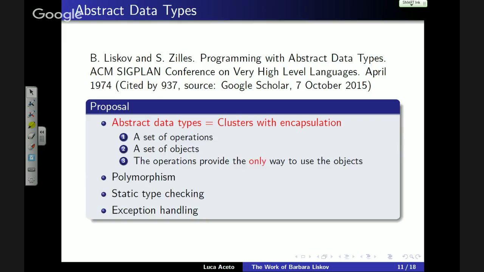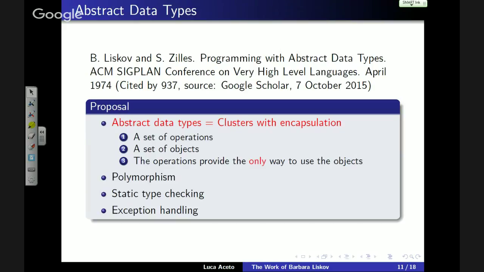They also hoped, because they didn't know whether they could actually achieve it, for static type checking. One of the things that Liskov did, remember, she wrote her PhD thesis on a program to play endgames in chess. And she wrote it in Lisp, which does not have static type checking. So she really appreciated the good things about static type checking. Every time she was getting runtime errors, a simple static check in the compiler, well, Lisp is interpreted, but this simple static checking in the compiler could have figured it out for her.